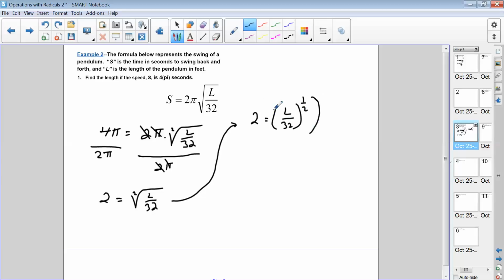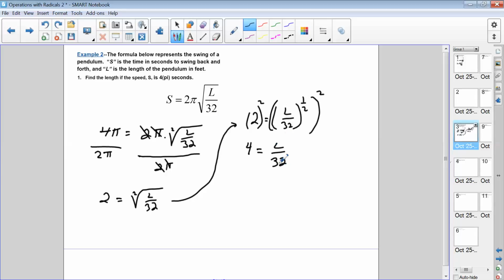To do that, I'm going to square both sides of this equation. So 2 squared gives me 4. And remember from our exponent rules, with rational exponents, the power to power rule allows you to multiply. So if I take 2 times 1/2, I get 1. So I get L divided by 32.